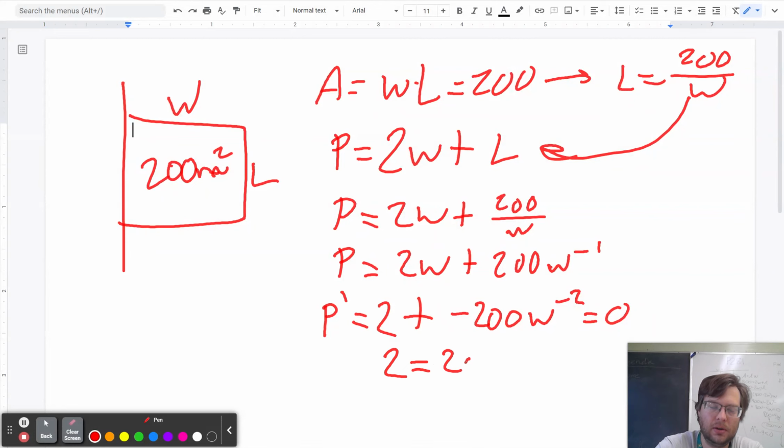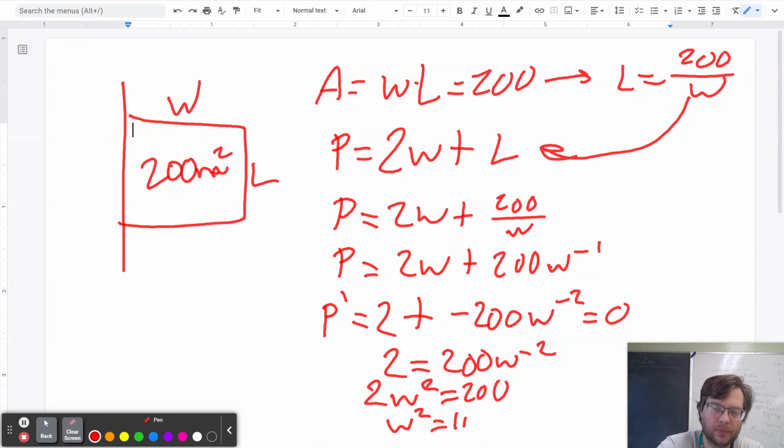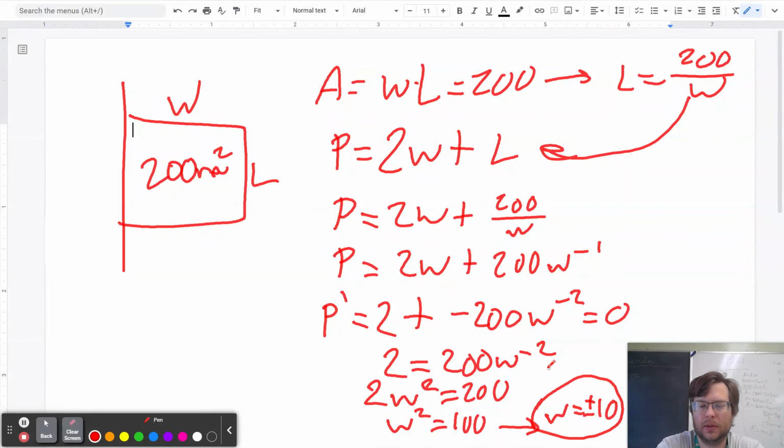I'm adding 200 W to the negative 2, multiplying by W squared, dividing by 2, and taking the square root. Only one of those values makes sense. We're not going to have a negative width, so I really am only going to look at positive 10.